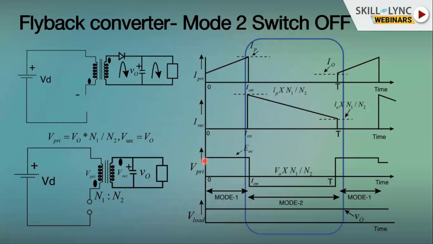The voltage appearing here when it was on, and when it is off, if you see, there is a small voltage coming on the negative side. This is nothing but back EMF, because now this is a transformer. When this voltage appears here as a transformer effect, the same N2 by N1 voltage will appear here.